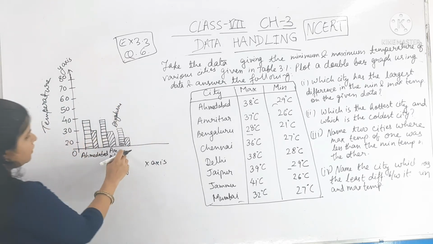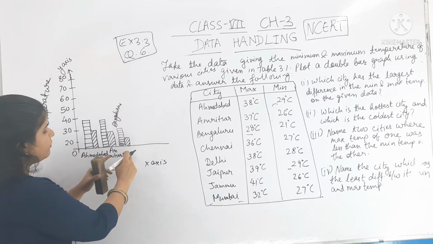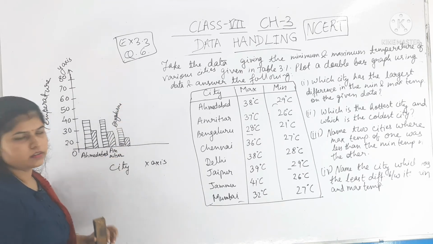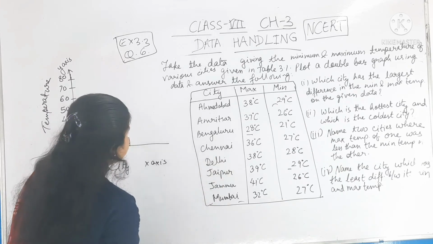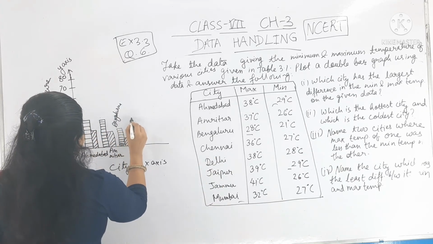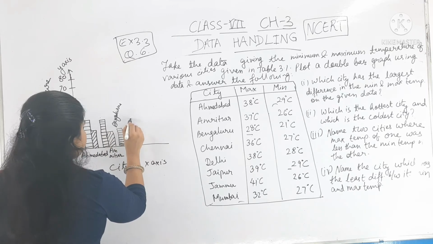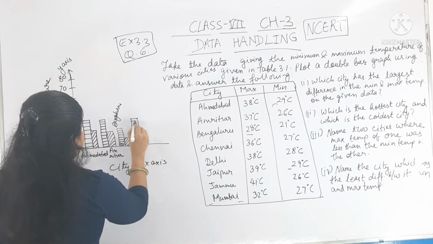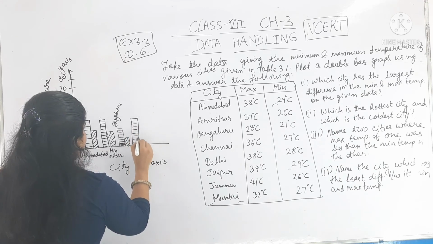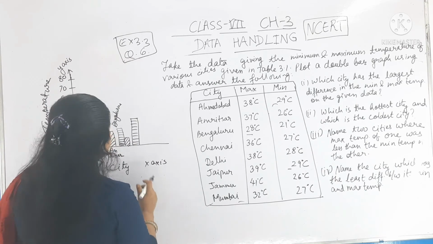You have to write here; I don't have the space, so I have written here. Chennai is 36 degrees Celsius and 27.